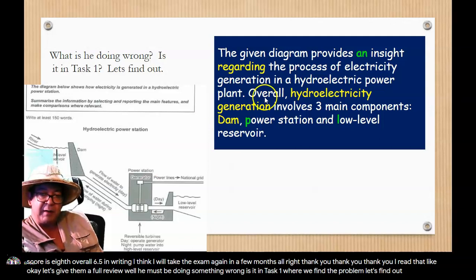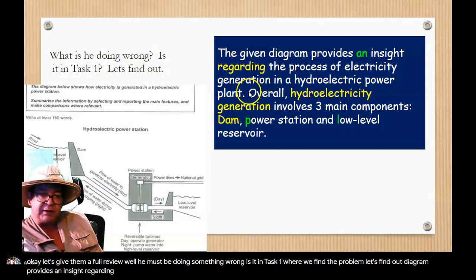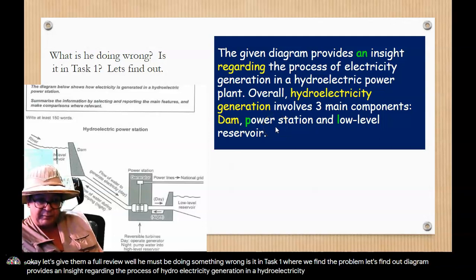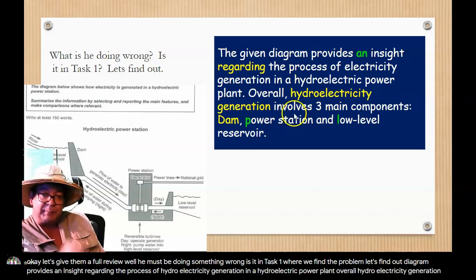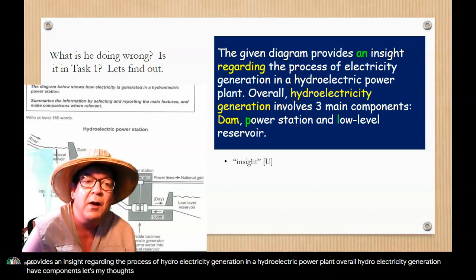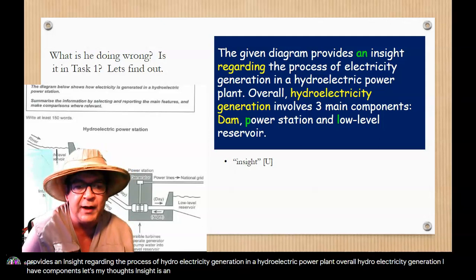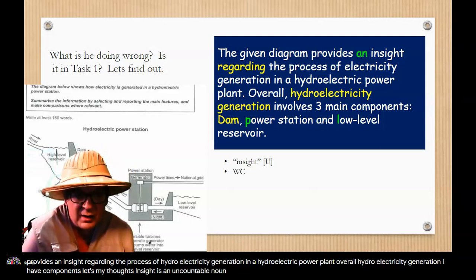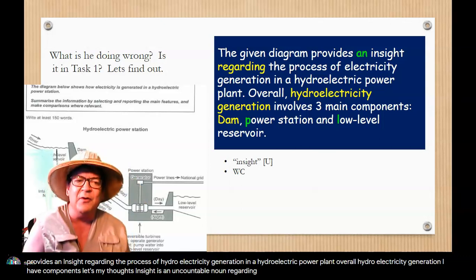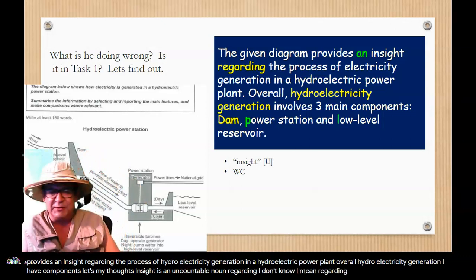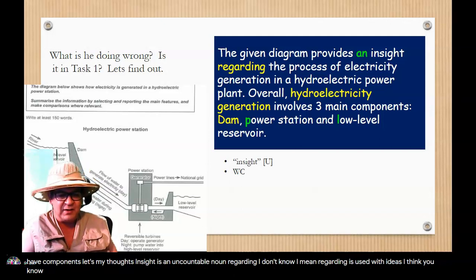Okay, the given diagram provides an insight regarding the process of hydroelectricity generation in a hydroelectric power plant. My thoughts. Insight is an uncountable noun. Regarding is used with ideas. What is this regarding?